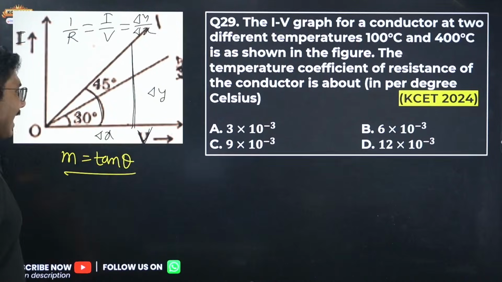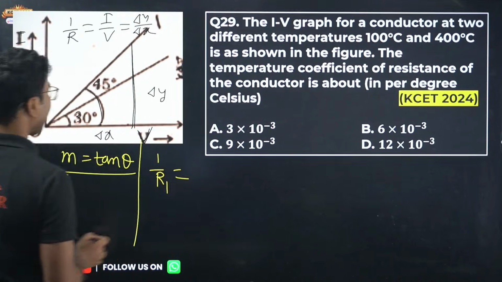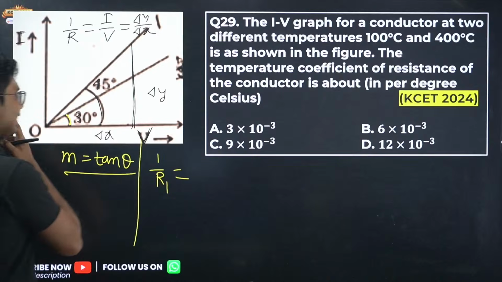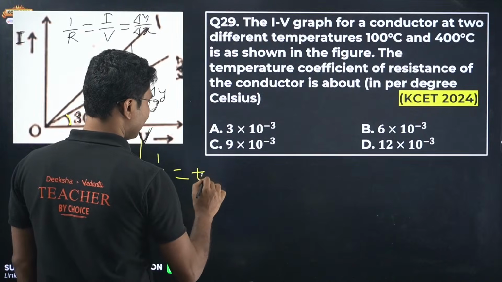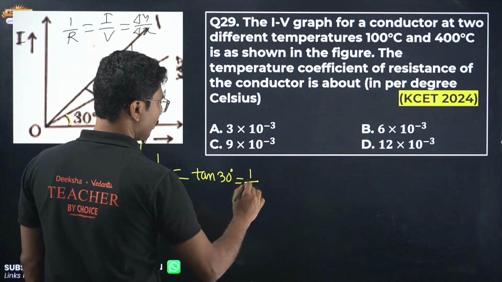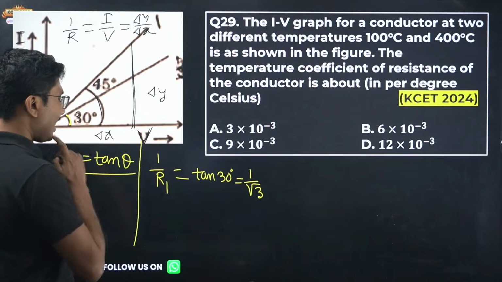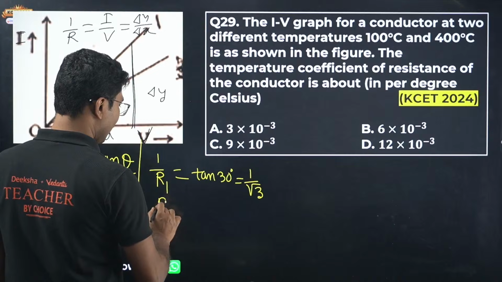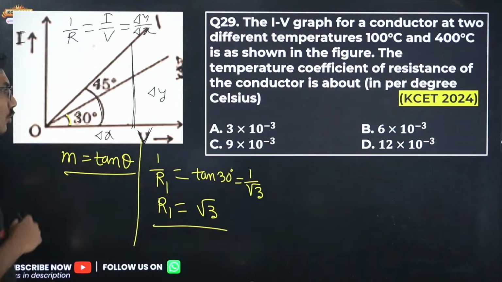So 1 by R1 for this graph, say, is 30 degrees. So it will be tan 30, which is 1 by root 3. So R1 equals root 3.